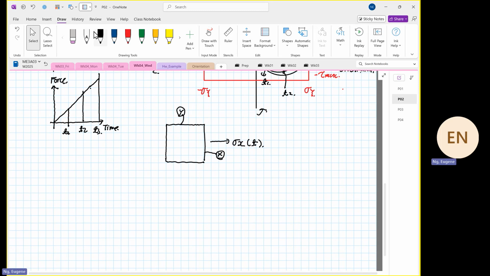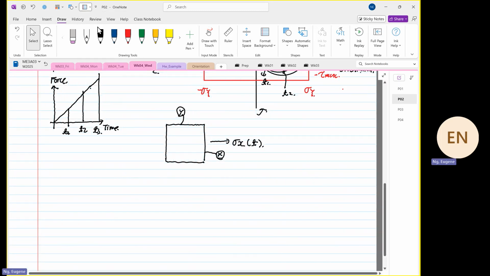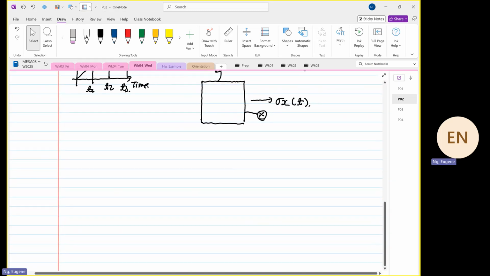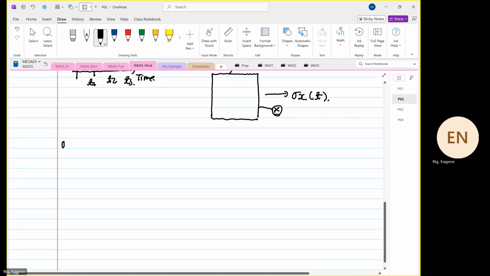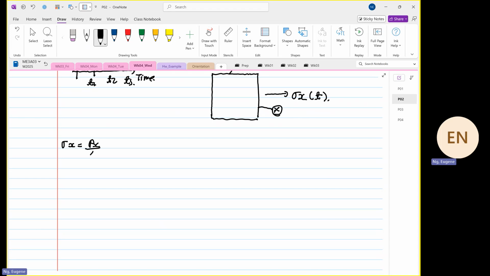The next thing that I'd like to emphasize is the normal stress is equal to Px over A plus or minus moment about Y over Iyy multiplied by Z, plus or minus Mz over Izz multiplied by Y. Now, I teach Mohr circle first because I want you to know what Mohr circle means.